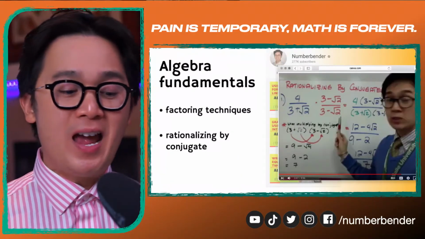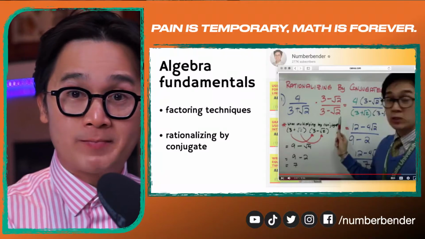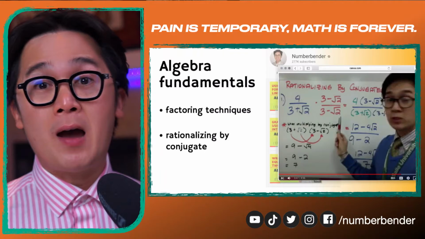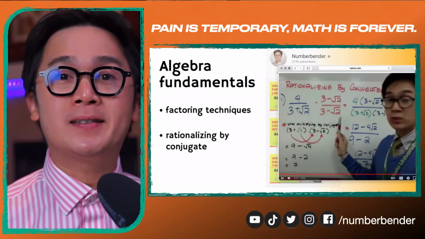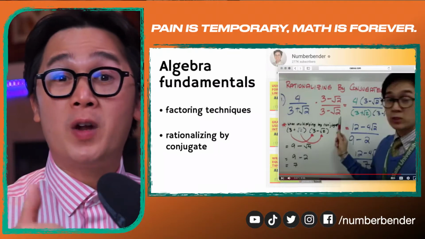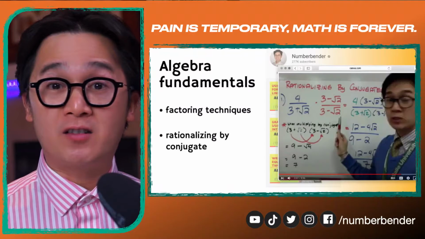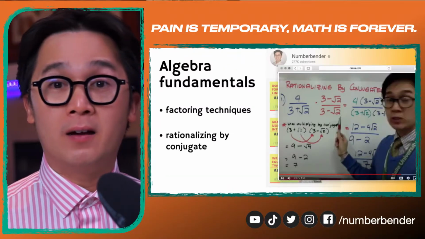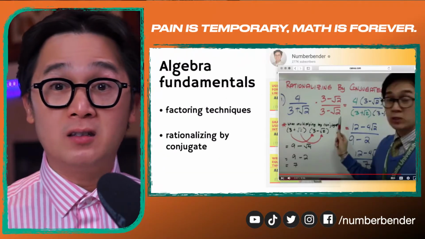And the first thing that I always practice to help my students ease into the topic of solving for the limit is reviewing their skill on factoring, the different factoring techniques in algebra, and rationalizing rational expressions by its conjugate or by radical expressions.